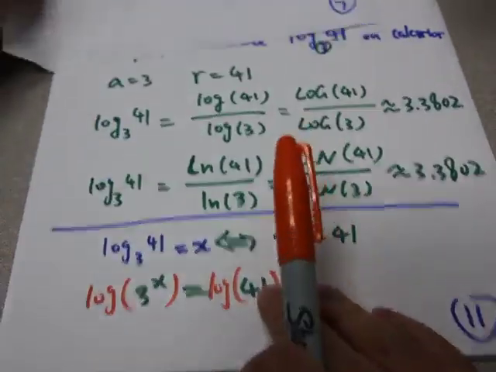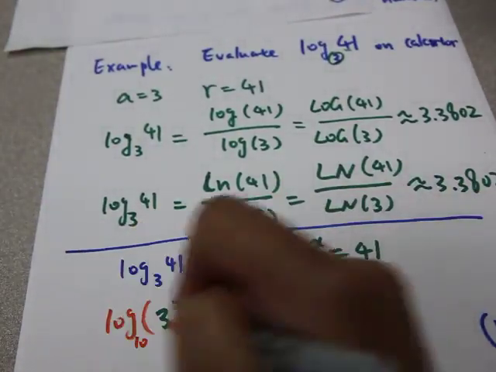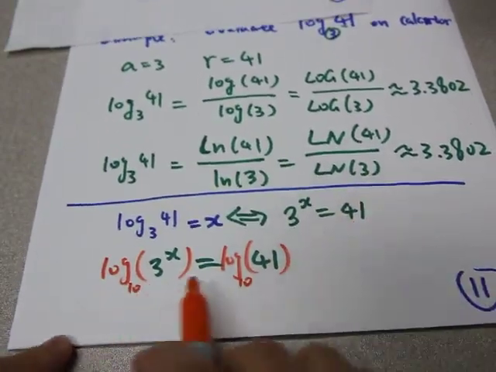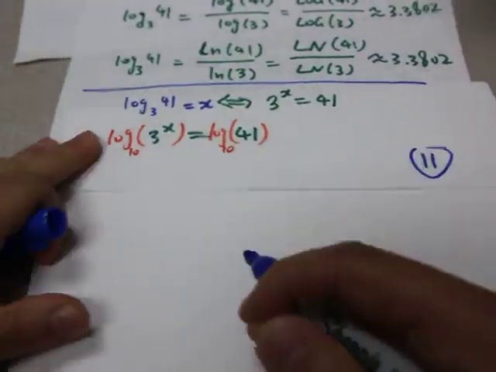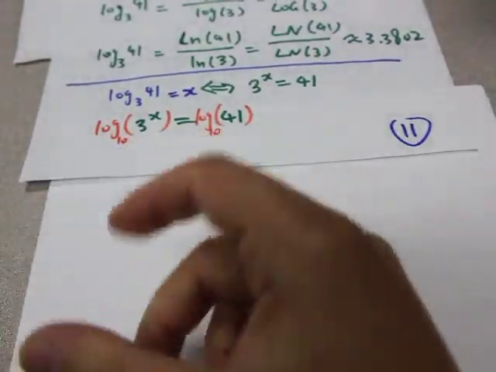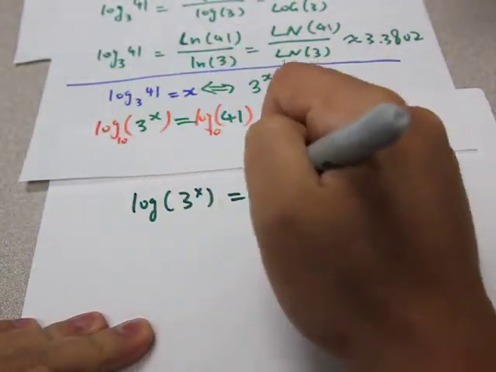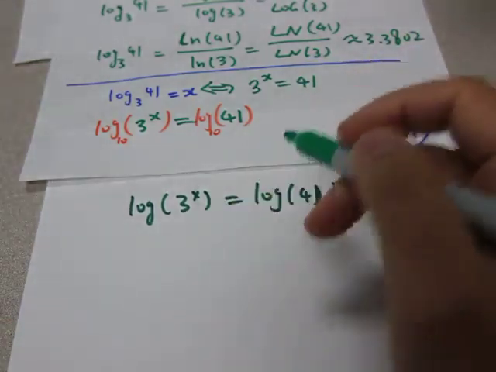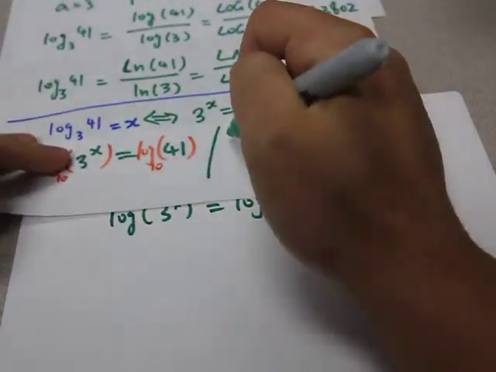So here it's like I'm applying the logarithm with base 10 on both sides. Therefore I get log of 3 to the x equals log of 41. Also, you can try to apply the natural logarithm on both sides.